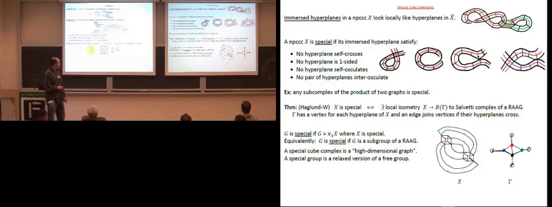And what that means from the viewpoint of the fundamental group is that the fundamental group of X, pi1, injects in the fundamental group of this Salvetti complex, which means that if X is special, then its fundamental group is a subgroup of a rag.